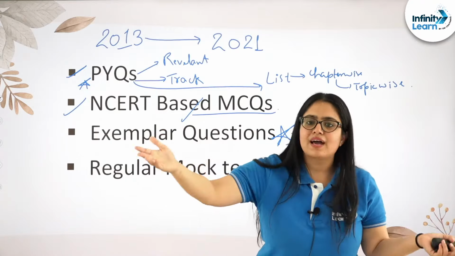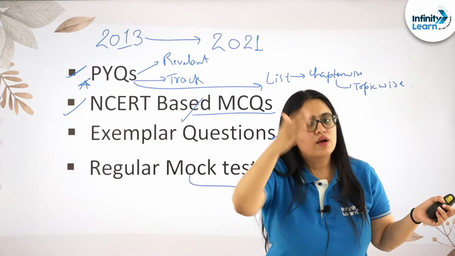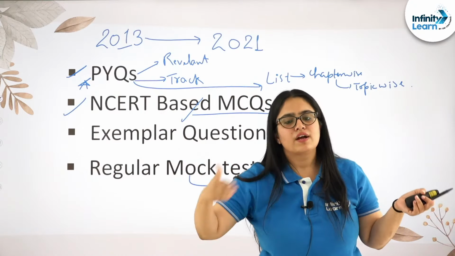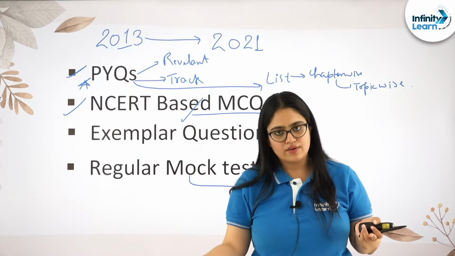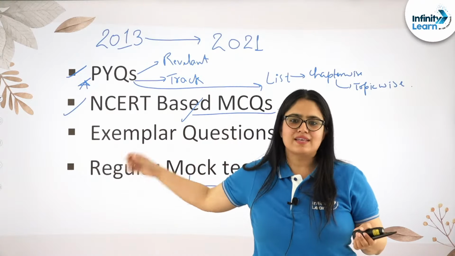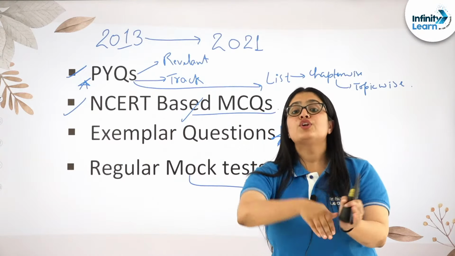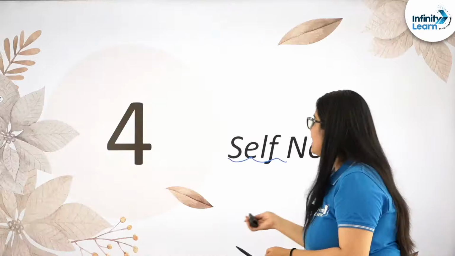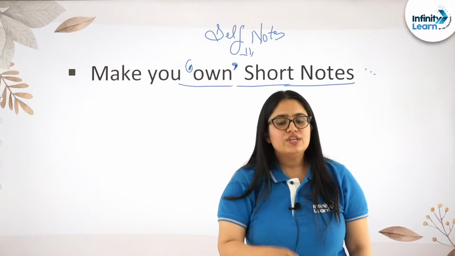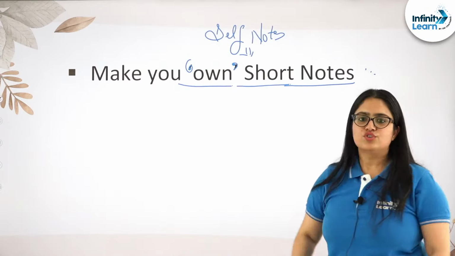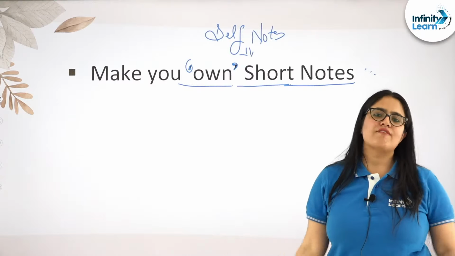Do not make it a habit to do in every chapter, do it topic wise. Whenever you find it difficult, give a reference reading to it as well, right? So after practicing, after reading, after taking the class, you have to accumulate what you might forget, right?